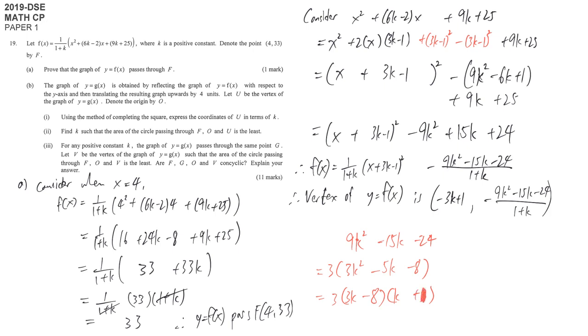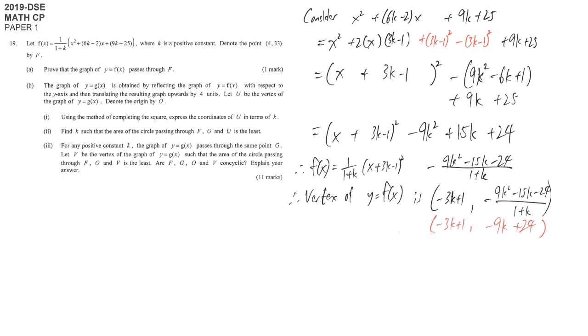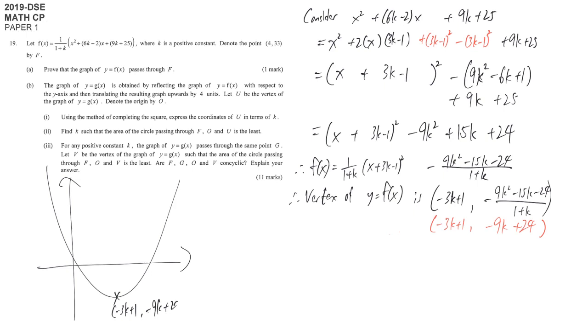So we find that this divided by k plus 1 will be cancelled out. So to simplify, the result is negative 9k plus 24. So for y equal to f(x), the vertex is (negative 3k plus 1, negative 9k plus 24).